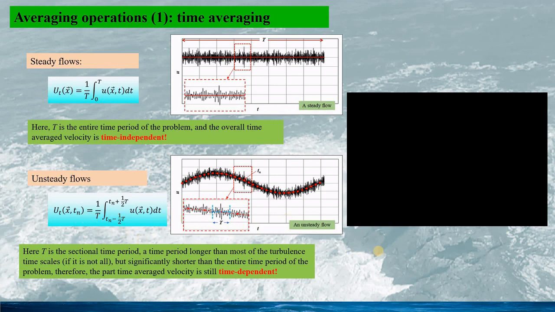The unsteady flow can be driven by unsteady boundary conditions, or simply be spontaneous unsteady flow, such as the vortex shedding of the cylinder in this video.